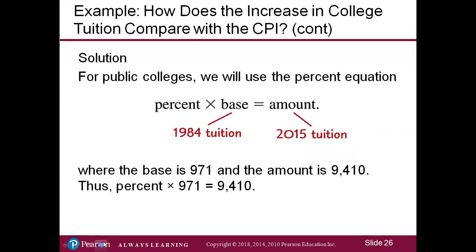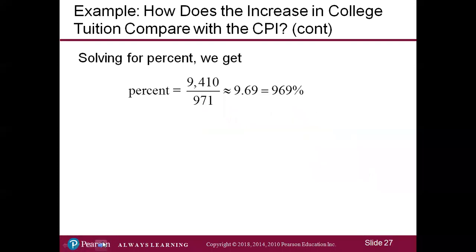Thus, percent times 971 equals 9,410. Solving for percent, we get the percent equals 9,410 divided by 971, which is approximately 9.69, or 969%.